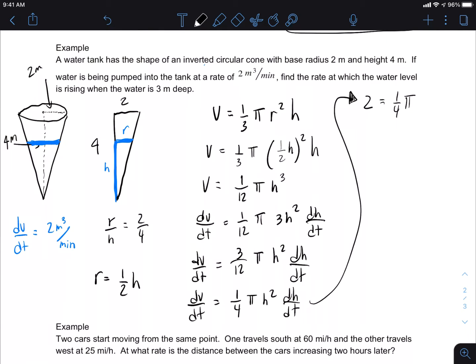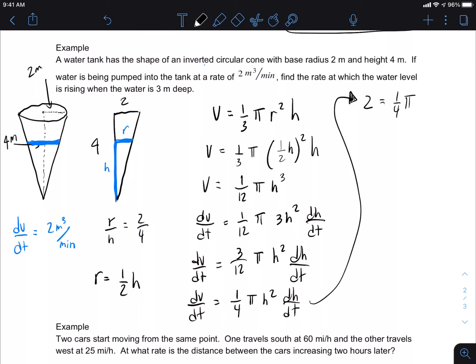I'm grateful that you guys are struggling with this because it's so good. When are they asking me to find the rate of the height change? At what water level? 3 meters. So we're talking about not the cone itself, but the water level, the height in terms of water height.